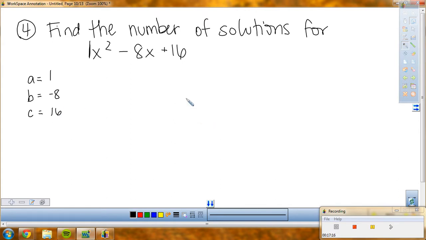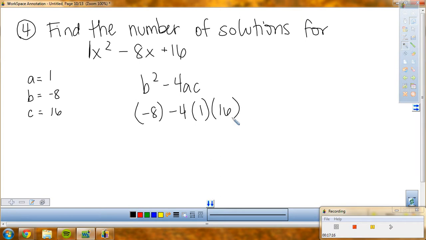So now I want to finally substitute my values into b squared minus 4ac. So I plug it in. My B is -8 squared, minus 4 times A is 1 and C is 16.